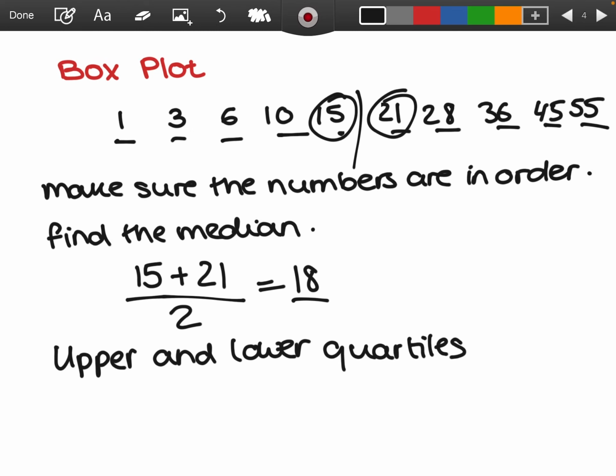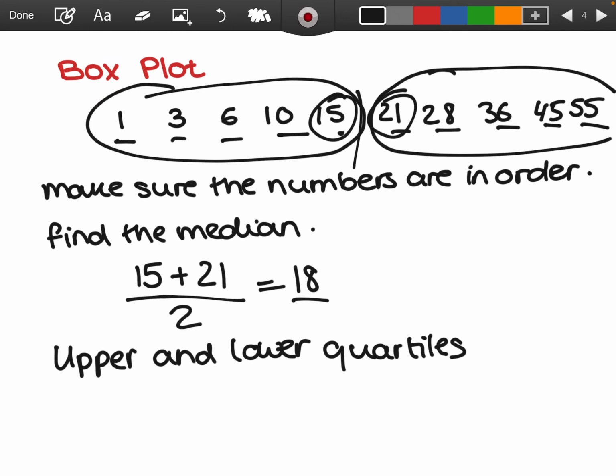What does that mean? The lower quartile is the median of your lower 50% of data. Your upper quartile is the median of your higher 50% of data.